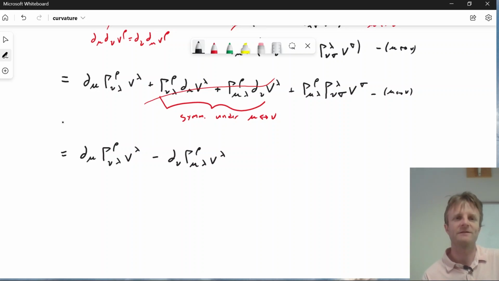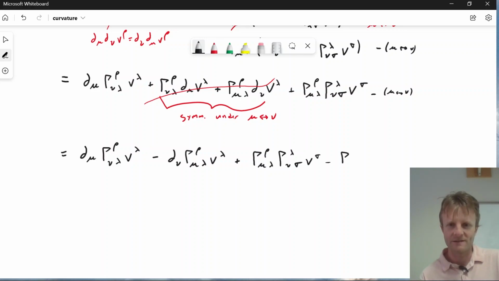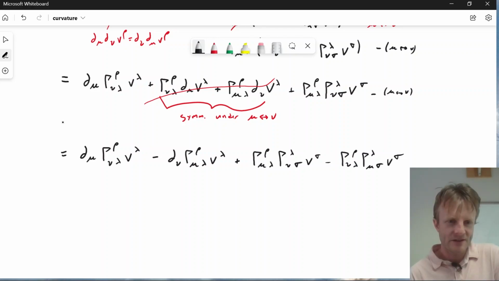So that's from the minus mu goes to nu of the first term. Plus gamma rho mu lambda gamma lambda nu sigma v sigma minus gamma rho nu lambda gamma lambda mu sigma v sigma.